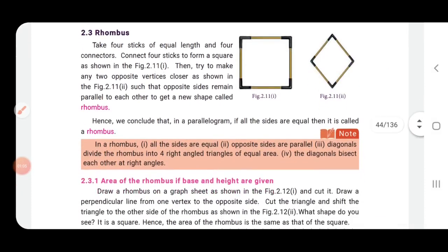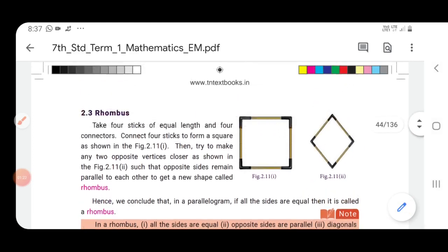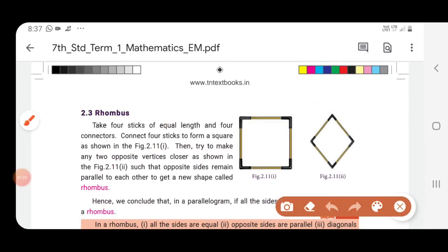Let us see the remaining properties. Here they have given: in a rhombus all the sides are equal, opposite sides are parallel, and diagonals divide the rhombus into four right angle triangles. When we draw the diagonals in the rhombus, it will divide the rhombus into four right angle triangles.